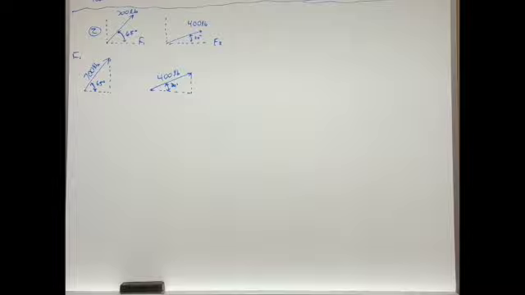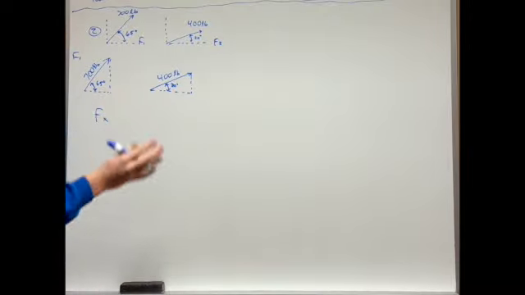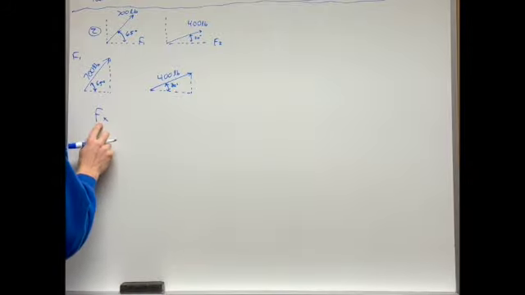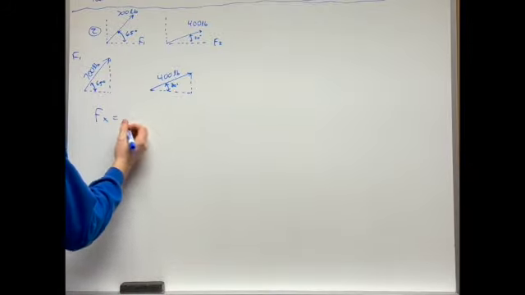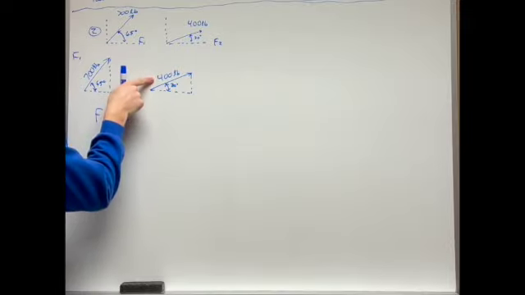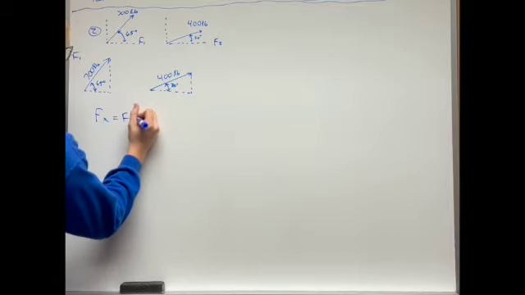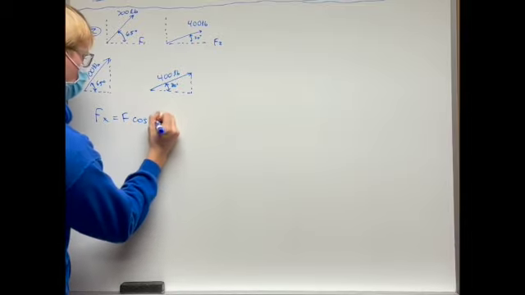So to find F of x of anything, whether we're talking 1 or 2, you're going to take the magnitude of the hypotenuse times the cosine of your angle.